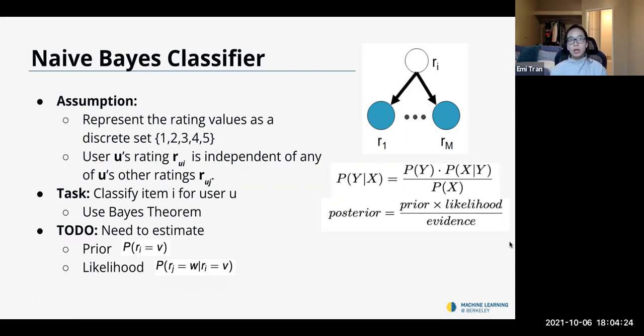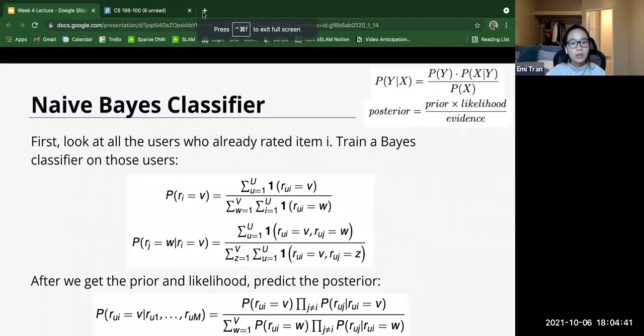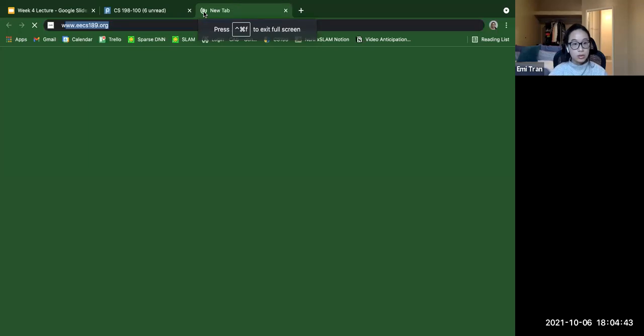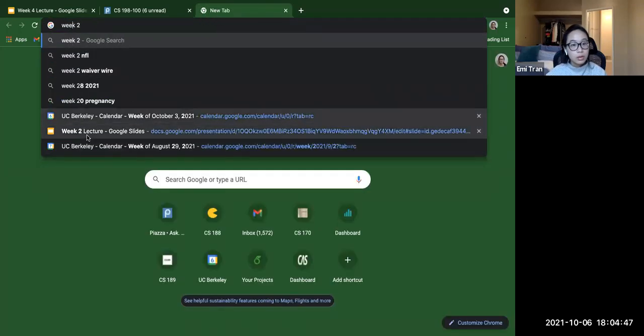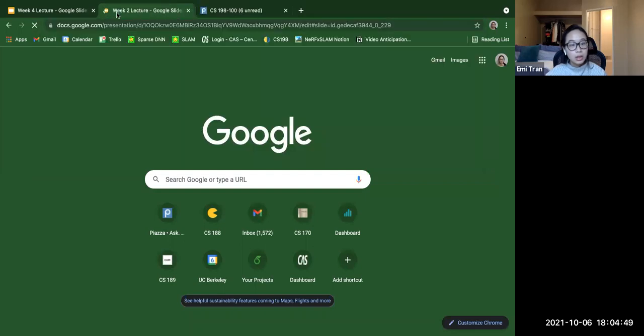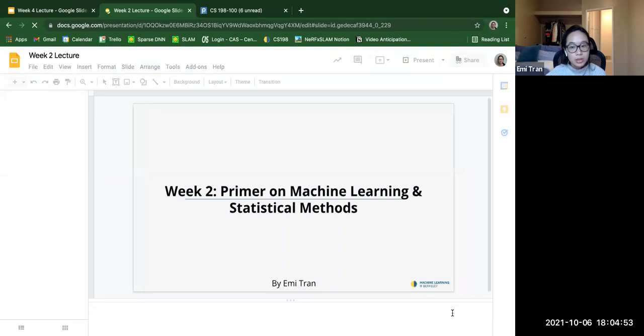Remember the difference between the discriminative and generative model, where you're finding the boundary. I can go a little bit back to week 2 for a refresher.